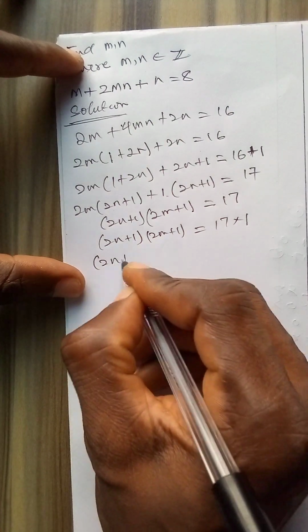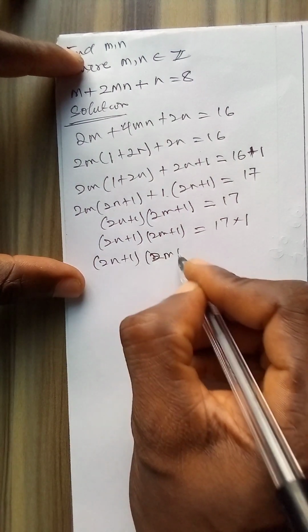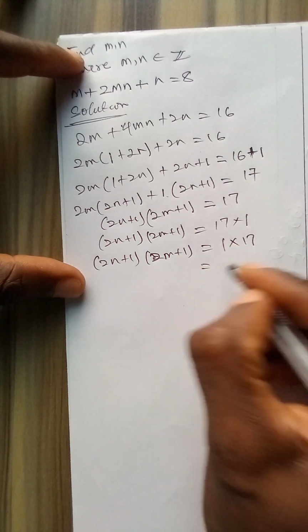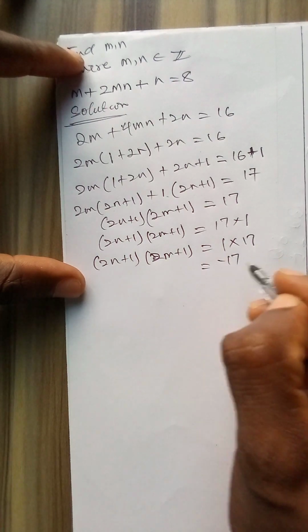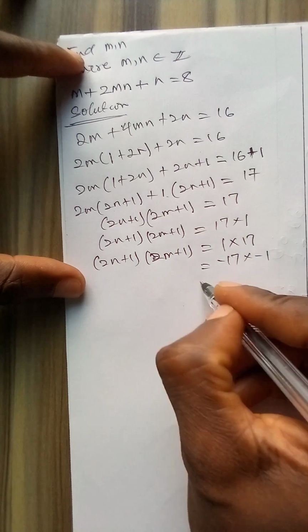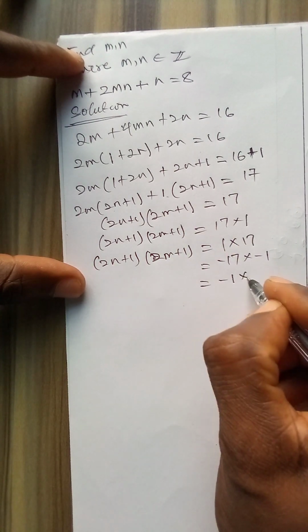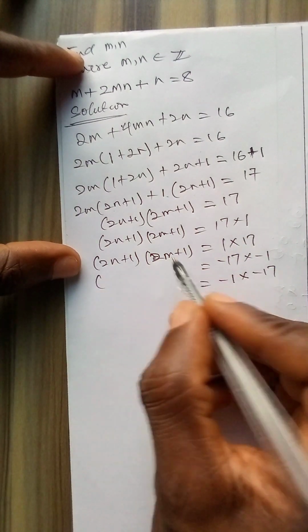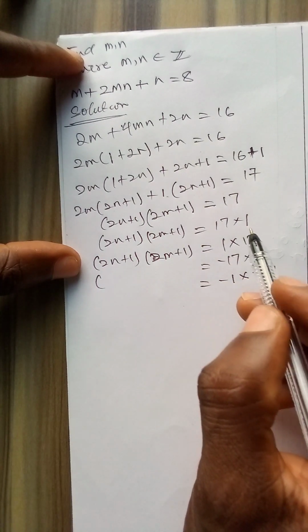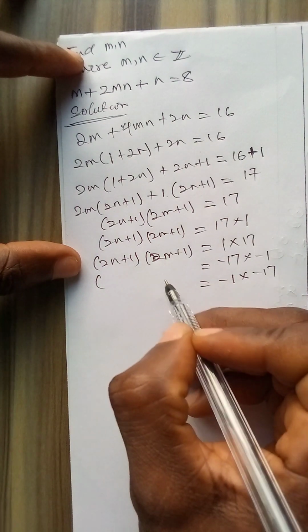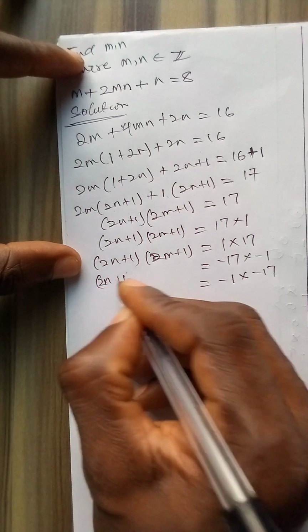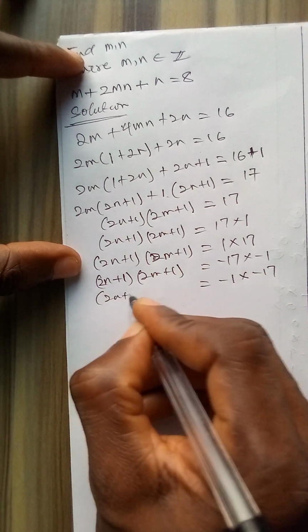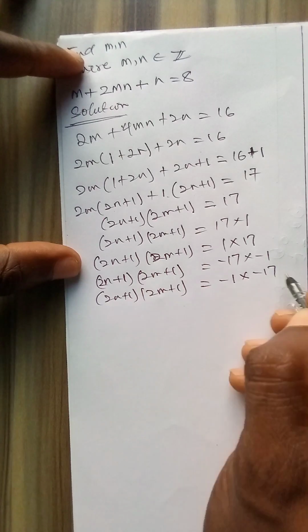I can also have 1 times 17, because 1 times 17 is 17. If I multiply minus 17 by minus 1, I'll also have 17. If I multiply minus 1 by minus 17, I'll also have 17. So these are possibilities. We are going to equate each bracket in a possibility to each number in the right-hand side.